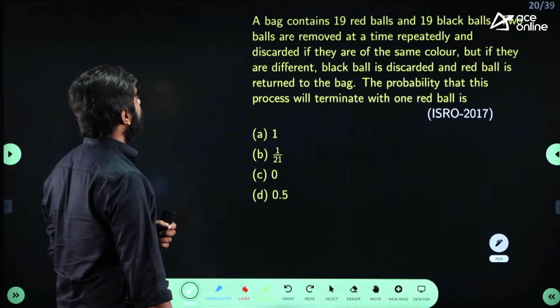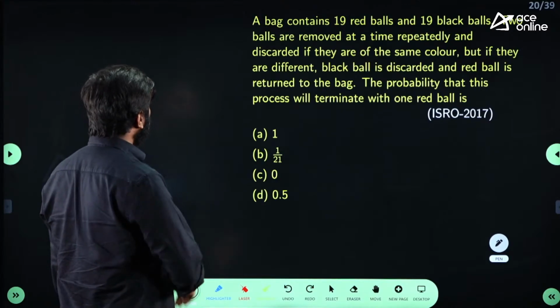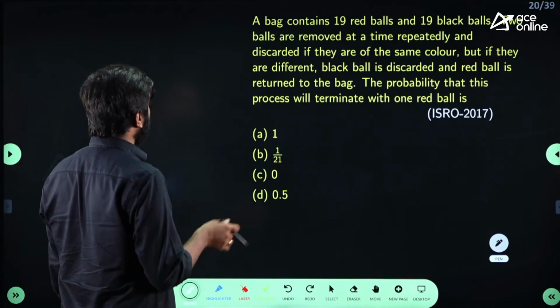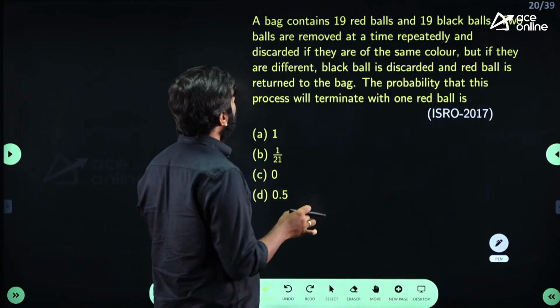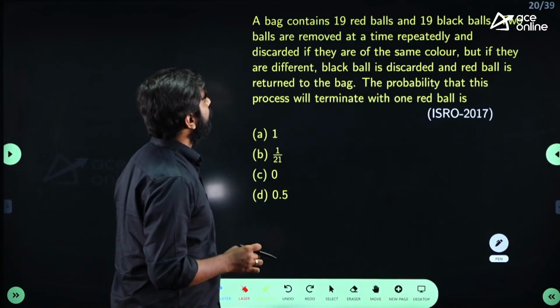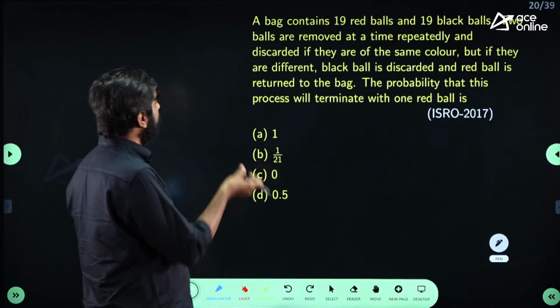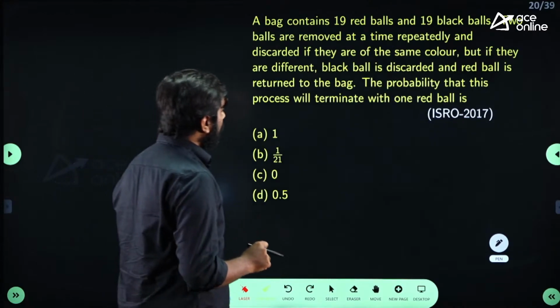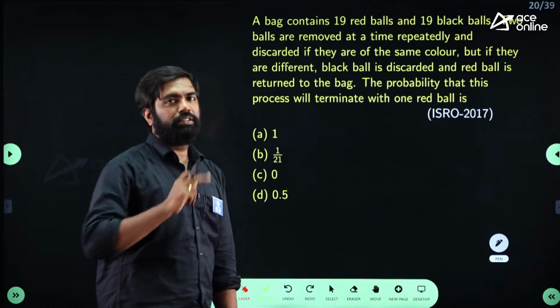A bag contains 19 red balls and 19 black balls. Two balls are removed at a time repeatedly and discarded if they are of the same color. But if they are of different colors, the black ball is discarded and the red ball is returned into the bag. The probability that this process will terminate with one red ball is.